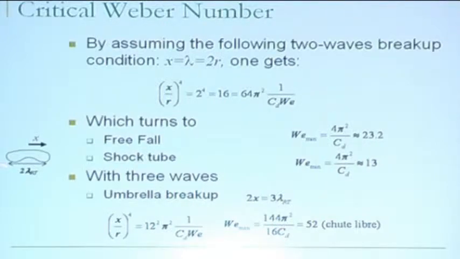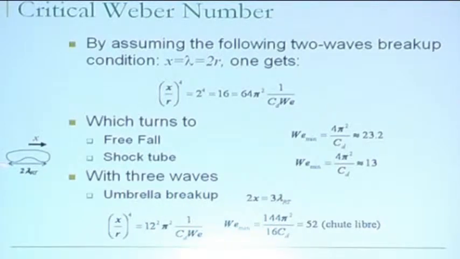When I made this equation, and I put it back into this formula, I obtain a critical value for the Weber number for this instability to occur. So you see that this critical value for the Weber number is related to the drag of the droplets. If I use the free fall drag, I obtain 23. If I use the shock tube drag, I obtain 30. So I can recover some value which has been published in the literature.